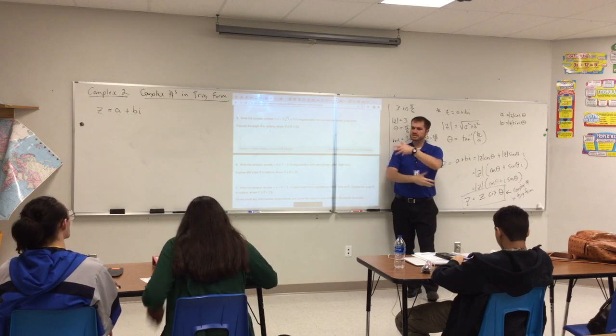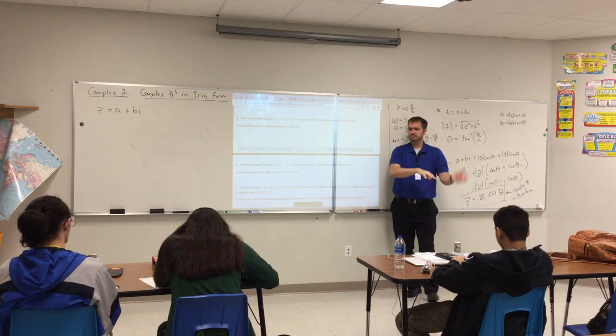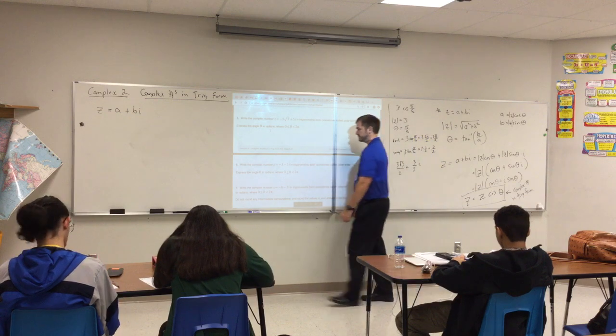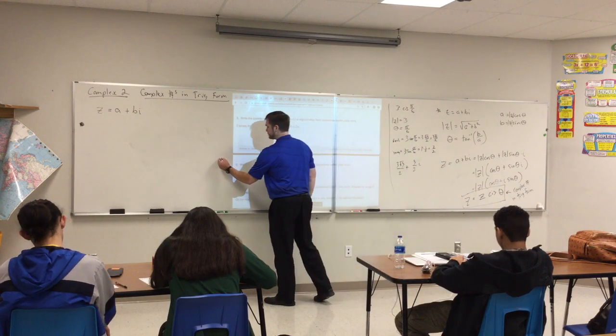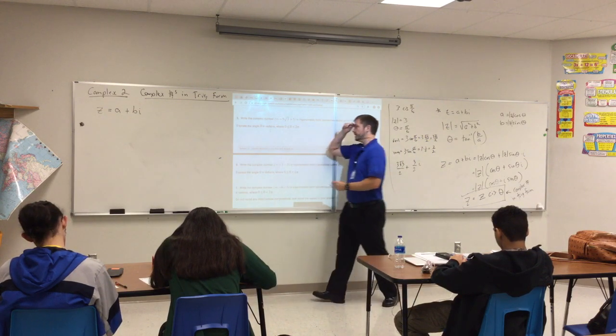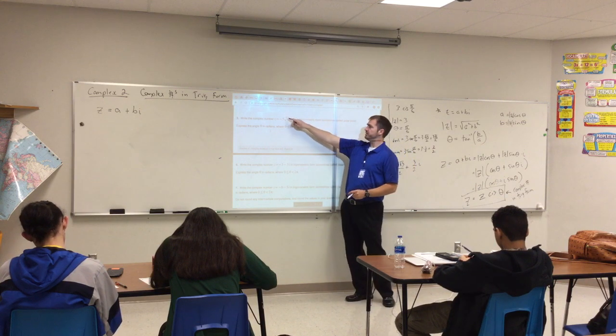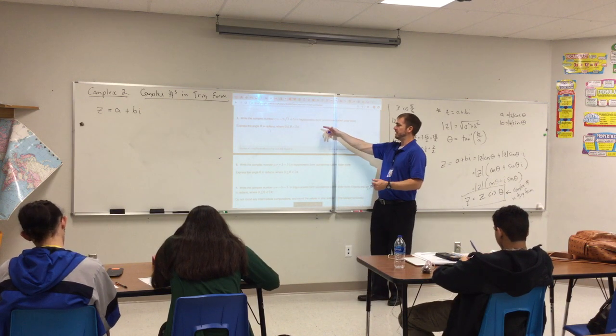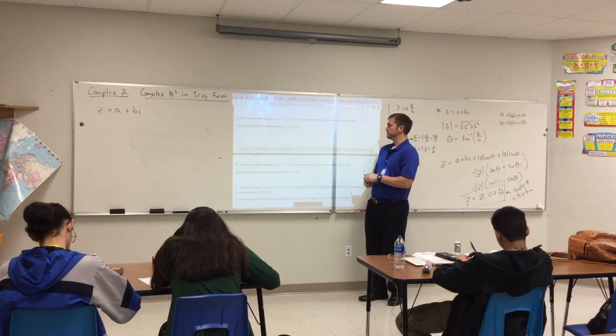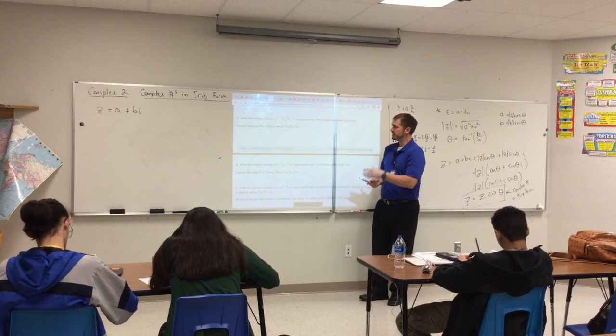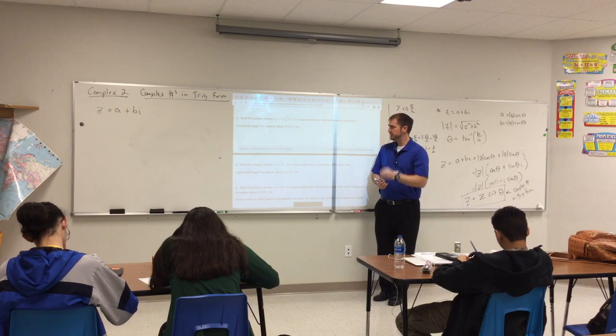Isn't it weird how all this stuff just overlaps? So here they have the number z equals negative 5 root 3 plus 5i in trig form, sometimes called polar form. Express the angle theta in radians between 0 and 2 pi.